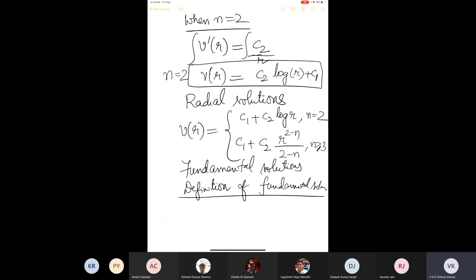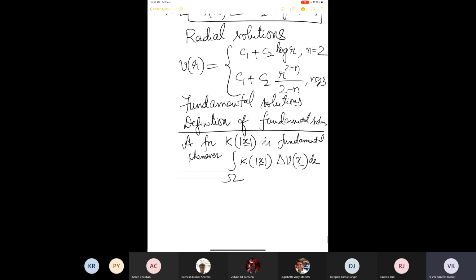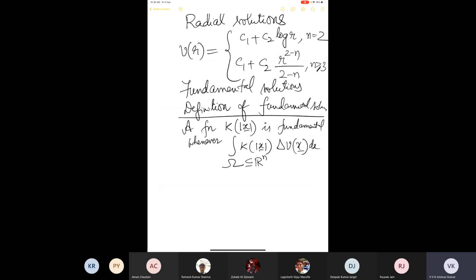Definition: a function k of mod x is fundamental whenever the integral of k of mod x times Laplacian of v of x dx over the domain, a subset of Rn, is equal to v of c.